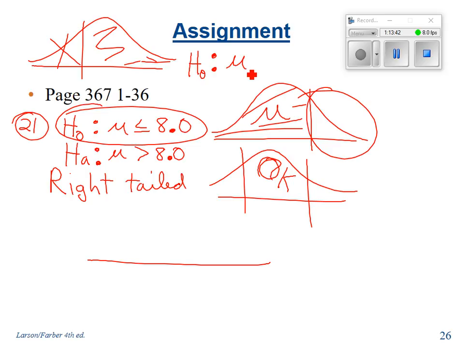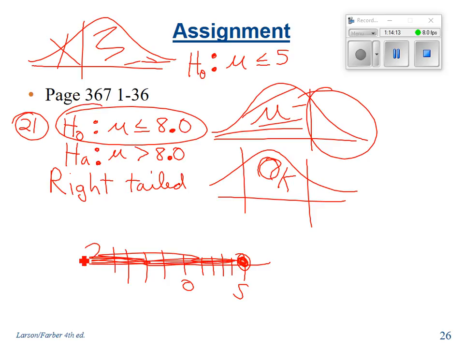mu is less than or equal to 5. And we're on our number line here. So we got 0 right there, 1, 2, 3, 4, 5, -1, -2, -3, -4, so on and so on, right? We want all the mu's that are less than or equal to 5. So we're here. All this stuff is the stuff we're okay with.